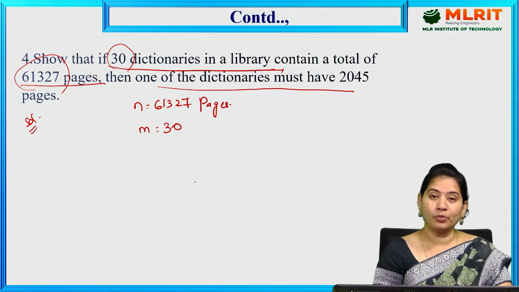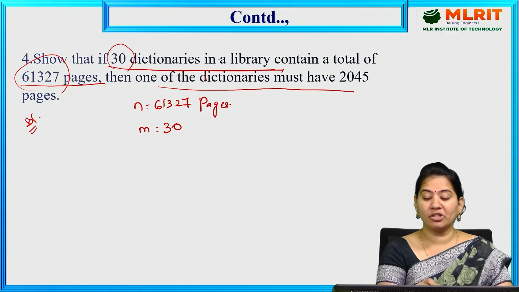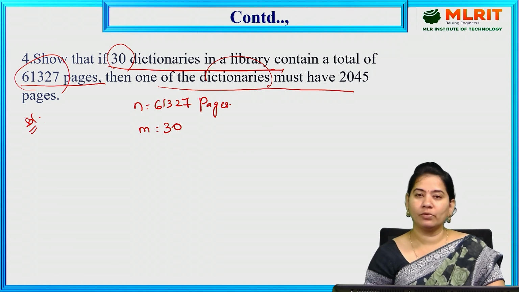Now we have to prove that at least one of the dictionaries must have at least 2045 pages.